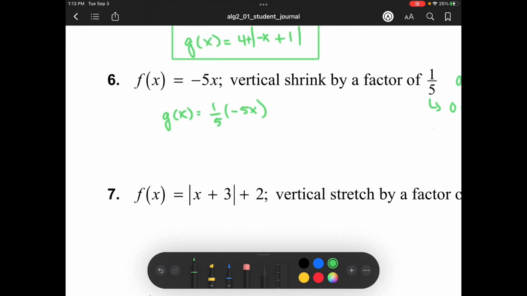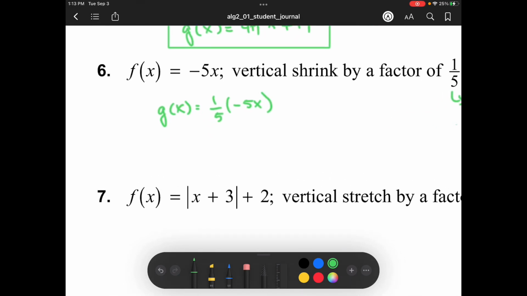Because my a was 1/5. And then I'm just going to simplify. So g of x is equal to 5 divided by 5 is 1, so negative x. And that negative comes from negative 5 over 5, negative 1, and then we get negative 1 times x equals negative x. Okay.